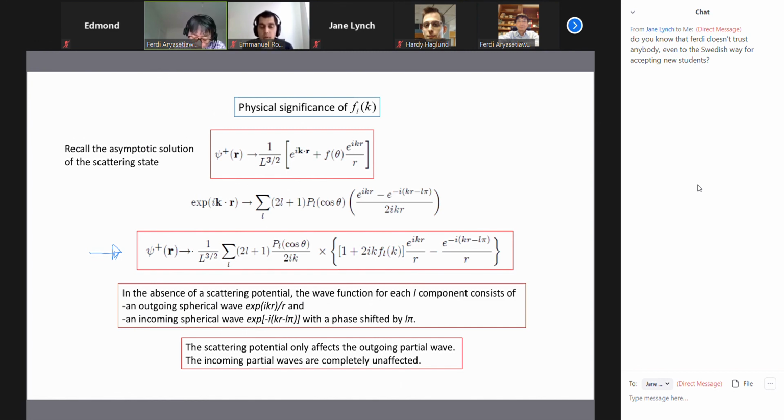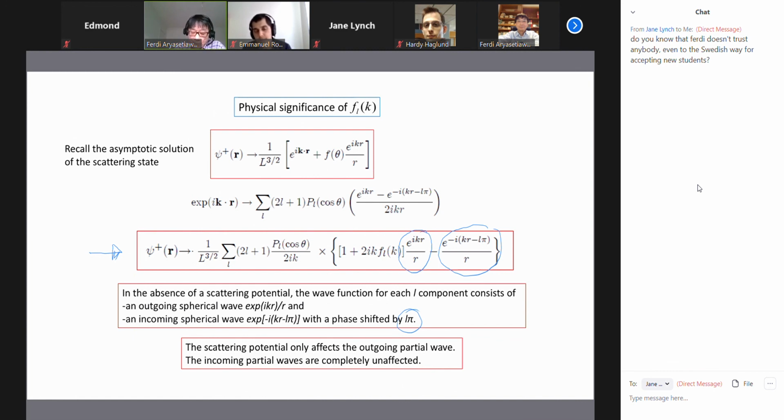So in the absence of a scattering potential, the wave function for each L component is composed of two parts. That is an outgoing spherical wave, this one here, and an incoming spherical wave, because you have one plus and one minus. Plus i kr means you have an outgoing spherical wave, and the other one with minus is incoming. But the incoming spherical wave is shifted by this phase L pi.